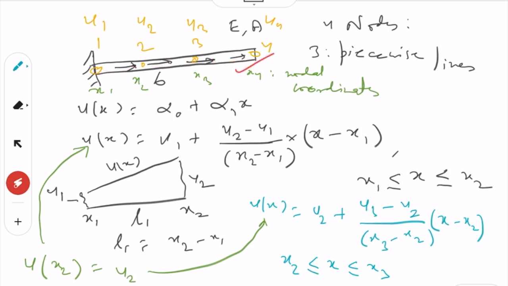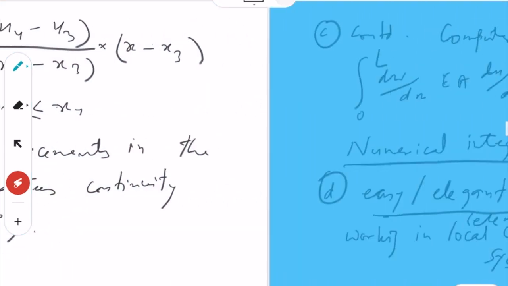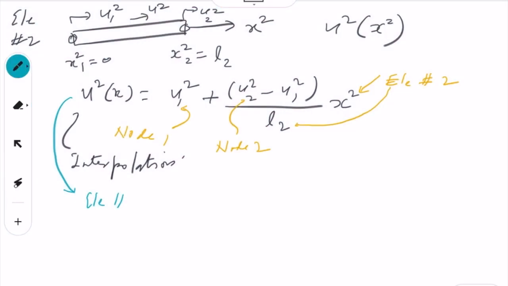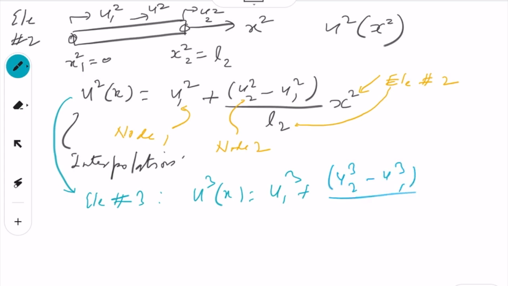For this example we can write the third one as well, element number 3, and write the interpolation function u3(x) equal to u13 plus (u32 minus u31) divided by L3, multiplied by x3.